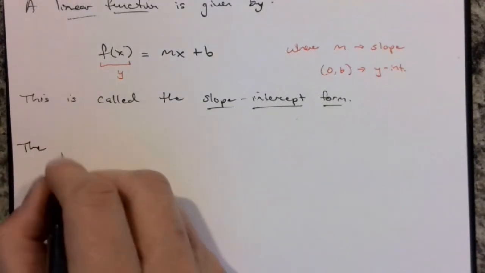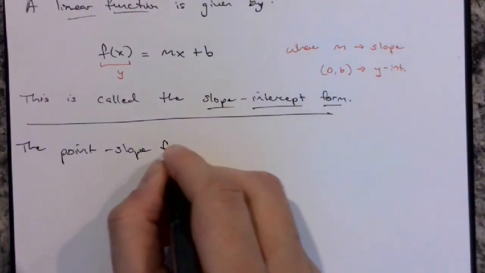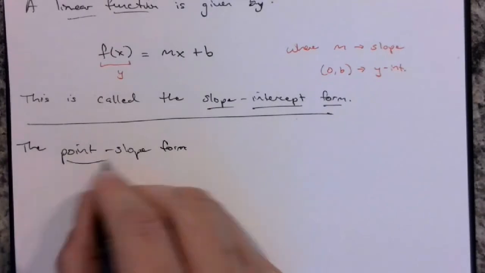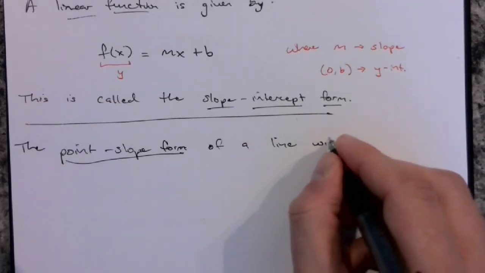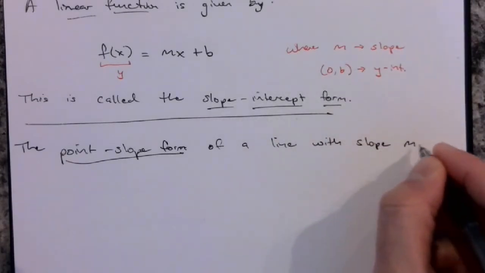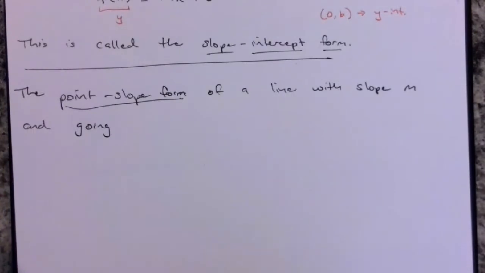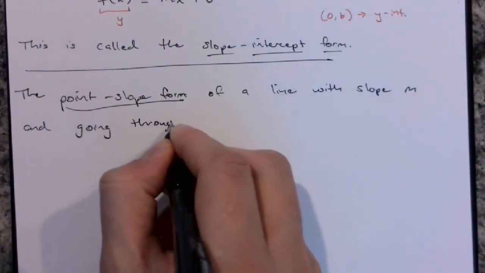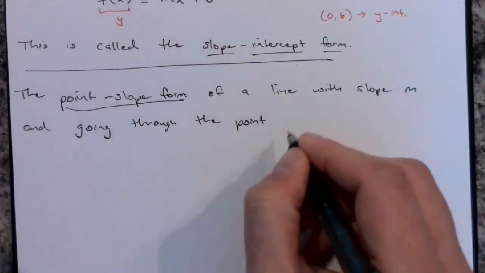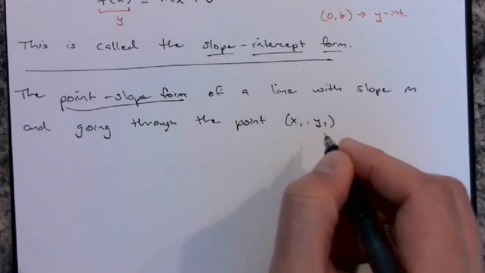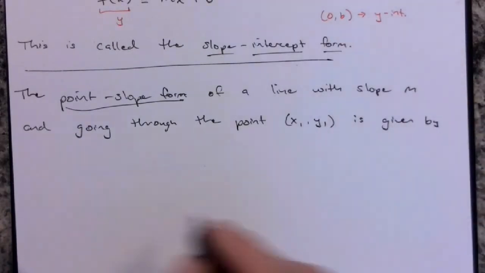So the point-slope form of a line with slope m and going through the point (x1, y1) is given by the equation.